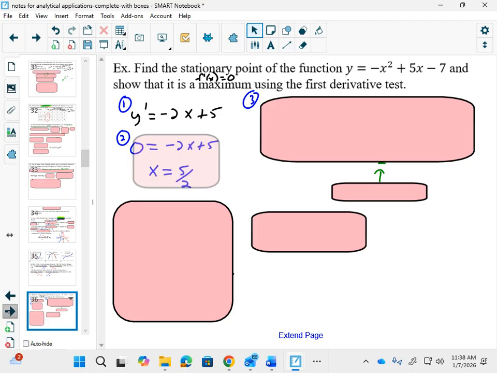We set it equal to 0, and we would know that at x equals 5/2, we have a stationary point. So stationary points are where the derivative equals 0. Critical points include stationary points, but also include where the derivative does not exist. Make our number line.